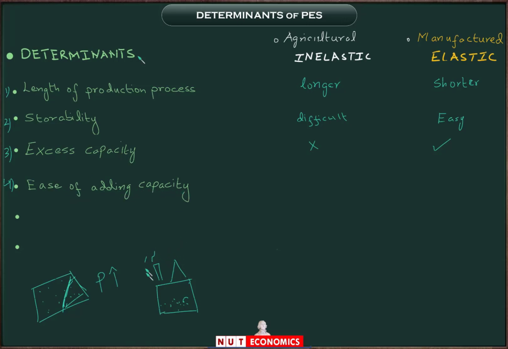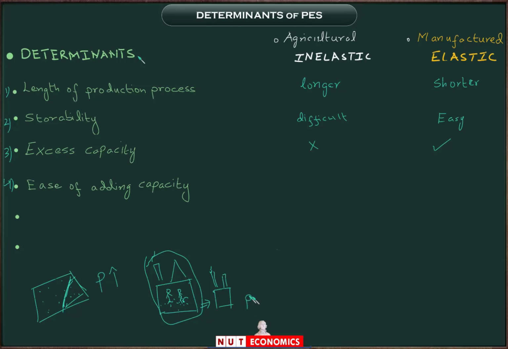So if this firm, let's assume it is at full capacity, it has no excess capacity, what it can do is, just next door, it can set up maybe a smaller plant. And this is where we are saying that it can add capacity. And maybe if it doesn't build a new plant, maybe it can hire more workers, it can buy a couple of new machines and quickly add capacity.